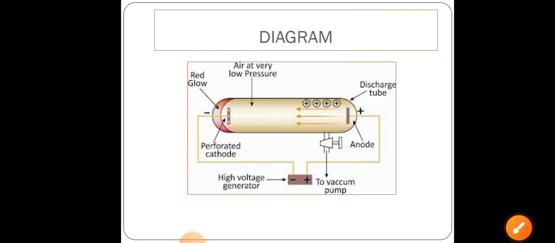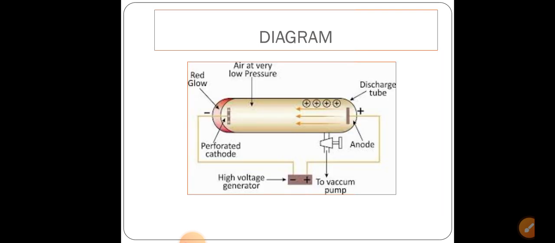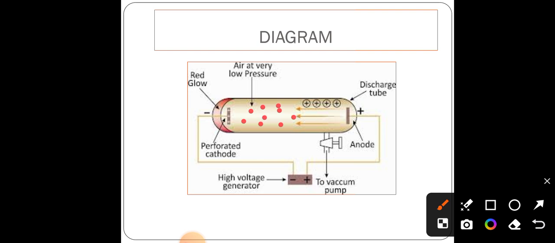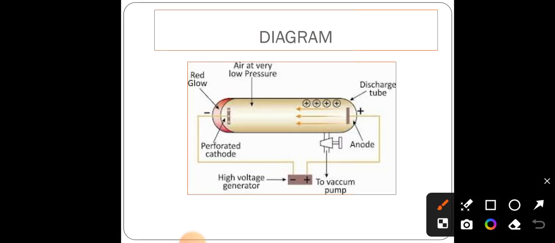The next is that they consist of material particles, meaning they have a fixed mass and size, and they are dependent on the gas. Initially the gas taken here was hydrogen, so the mass is 1.67 into 10 power of minus 27 kg. Suppose this hydrogen was replaced by nitrogen, then the mass will be according to its atomic number.